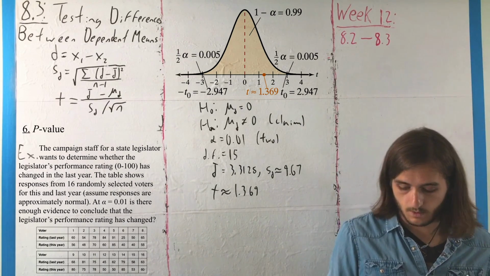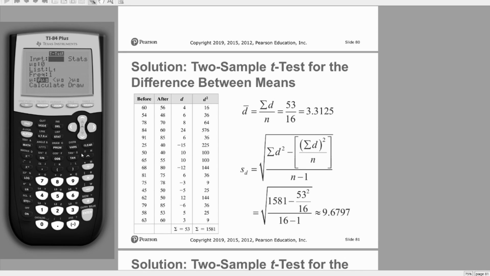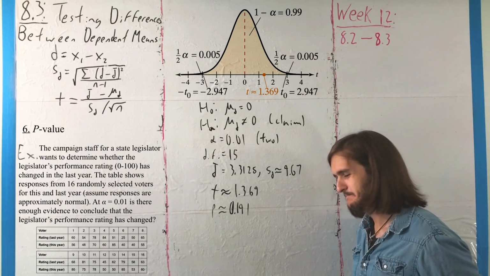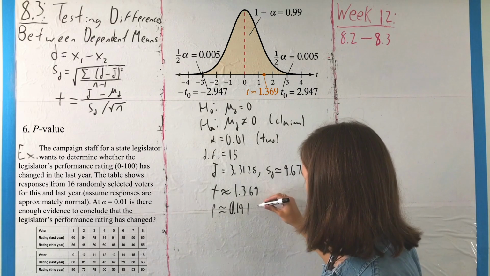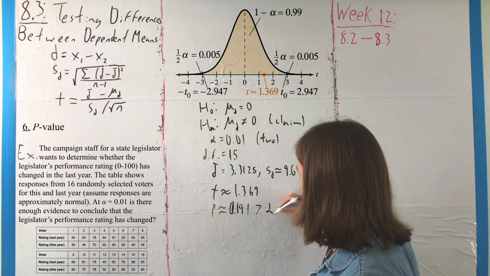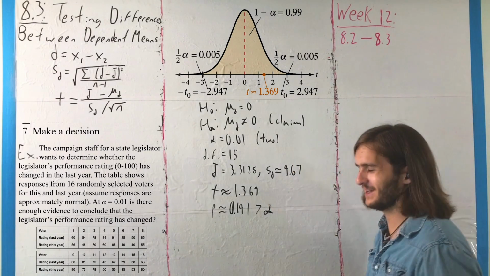But the next thing we would want is to get our p-value, if we're going to run a p-value approach, where here that p-value would end up being approximately 0.19. A p-value of 190% is a little bit too much. But here, that p-value is much bigger than alpha.